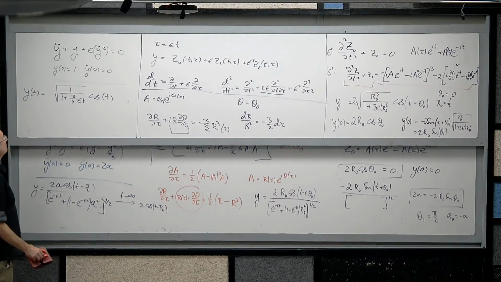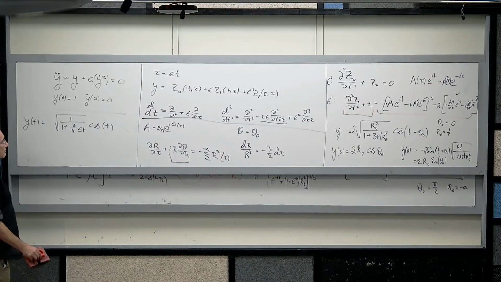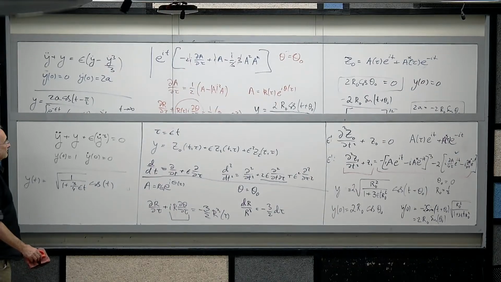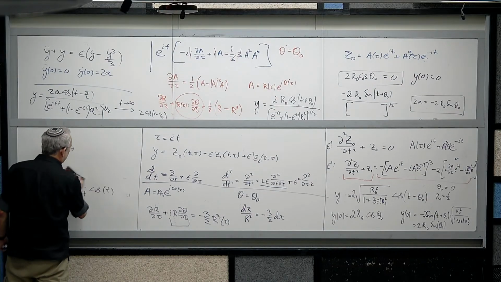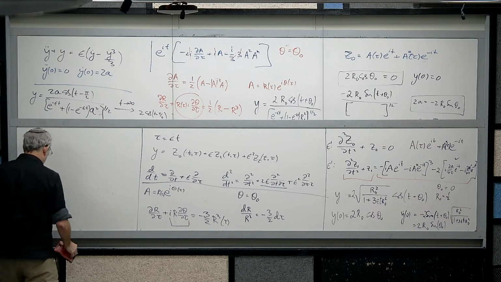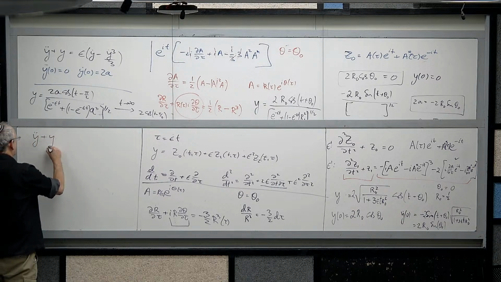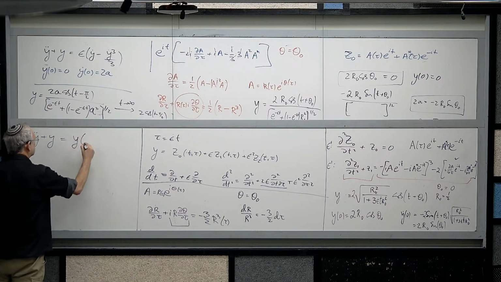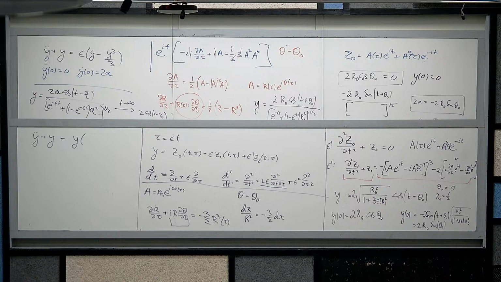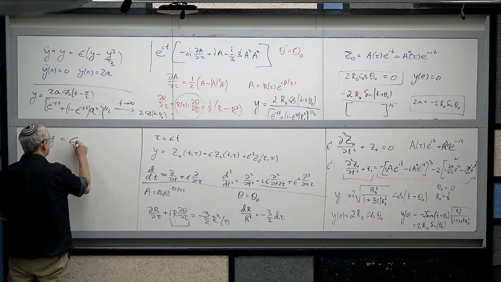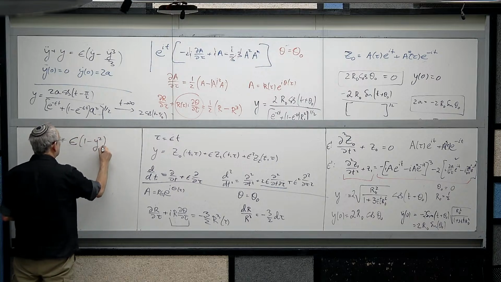Also, let's take another example that is very similar, which is epsilon times 1 minus y squared times y dot.